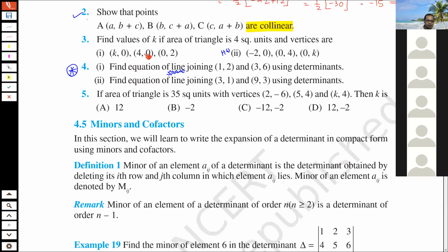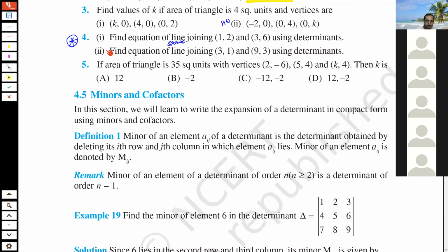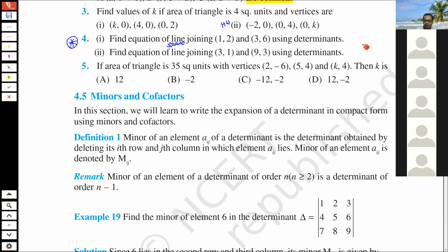Okay, so will you be able to solve this question number 4, the second one? Yes, sir. Okay, now let's move on to the question number 5. So, Anush, can you please read question 5? Yes, sir.